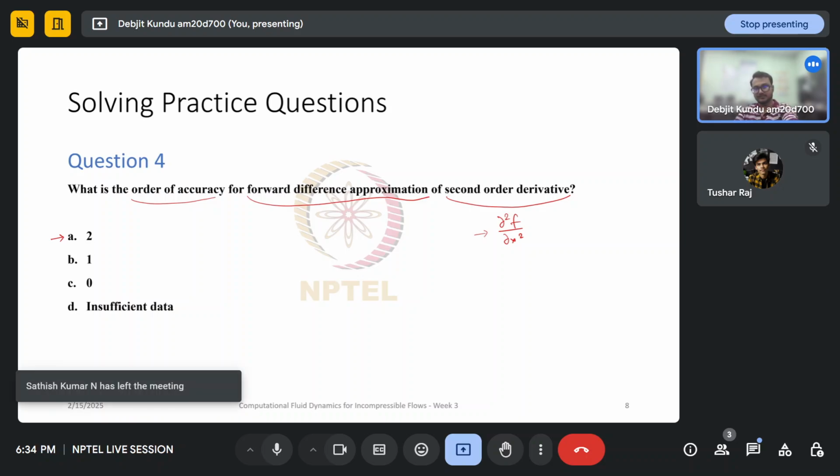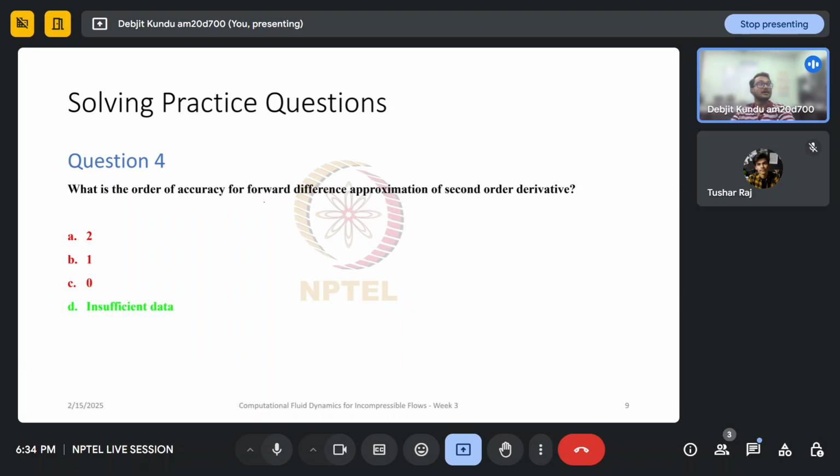Okay, let's take a look at the solution. It's actually option D, insufficient data, because I haven't told you the number of points that you can use. So let's start from here. Since we are using forward difference approximation, I'll start from i and I'll take points i plus 1, i plus 2, i plus 3, and so on.